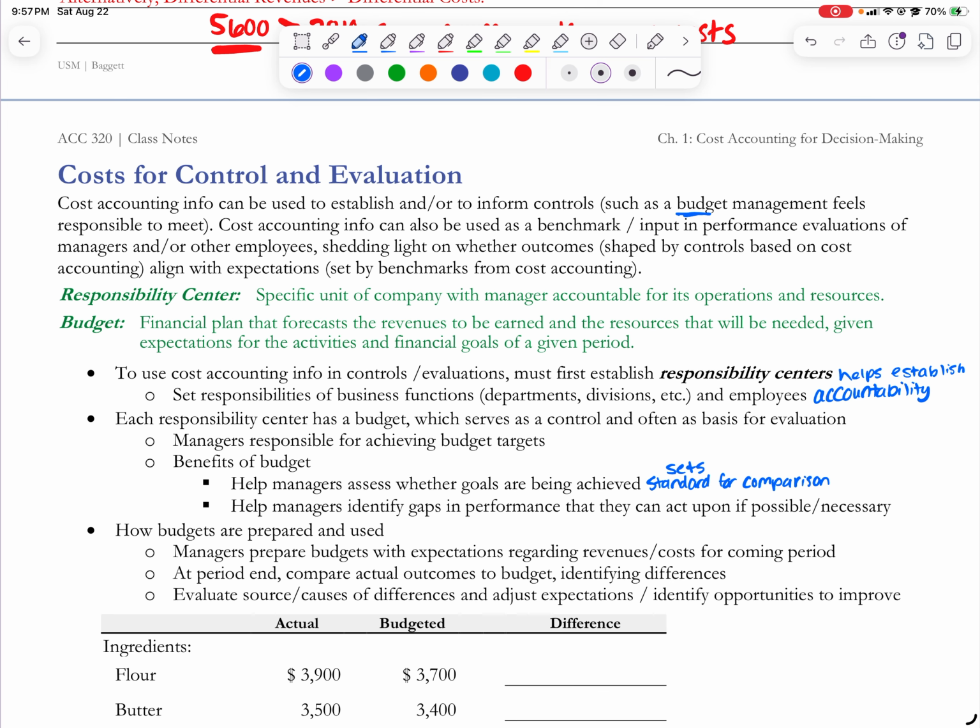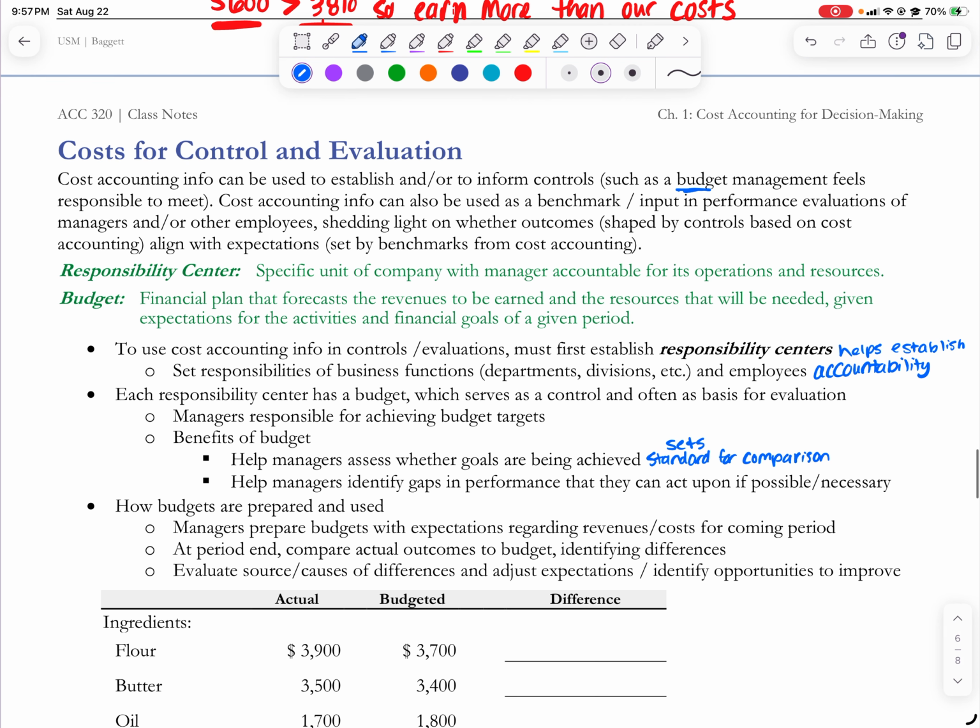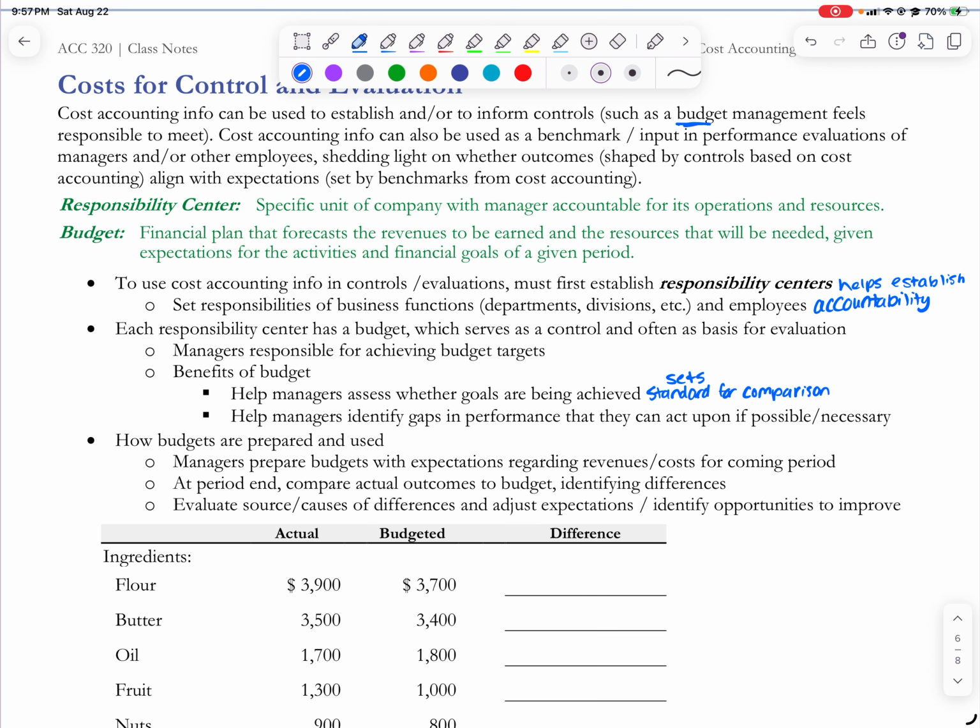They feel like this is applicable to them, they know they'll be evaluated against it. It makes them responsible to that budget. Every responsibility center gets its own budget. So things that are in their control are in their budget. That budget is a control, basically knowing that you're being held to this kind of directs your decisions and behaviors accordingly.